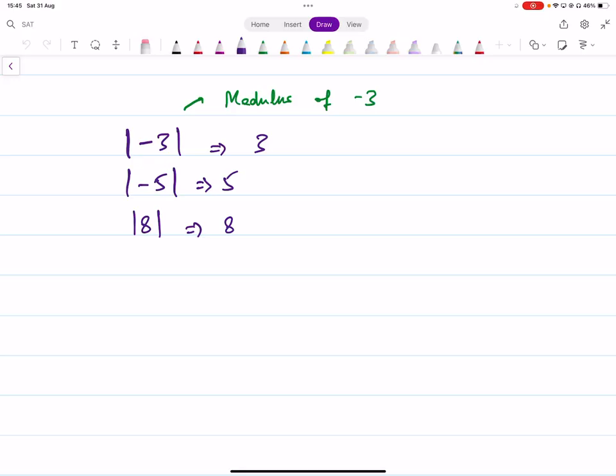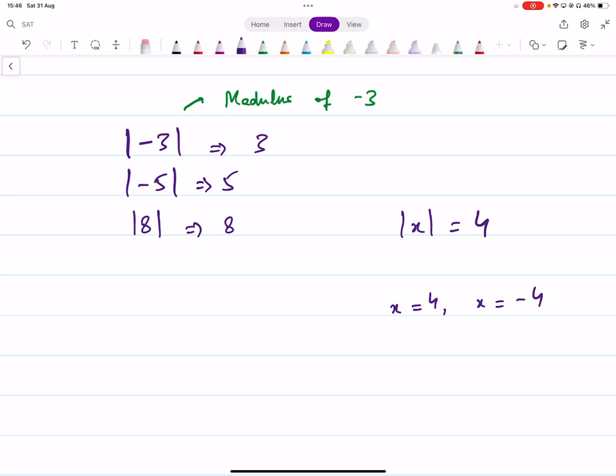Now, you will have to solve equations involving the modulus function. For example, let's say you have this equation, modulus of x equals 4. What's the solution, or what are the solutions of this equation? X equals 4 or -4, because when you input 4 inside it, the equation satisfies.